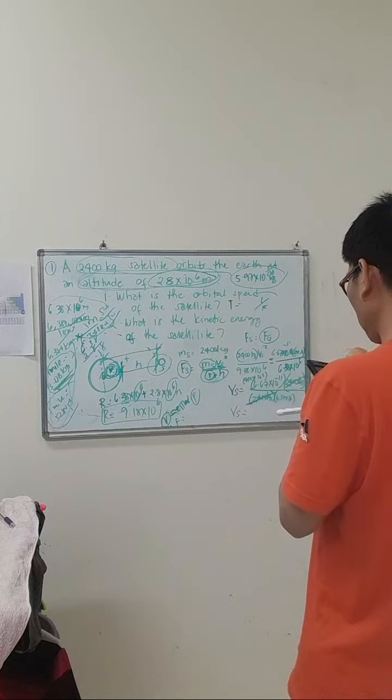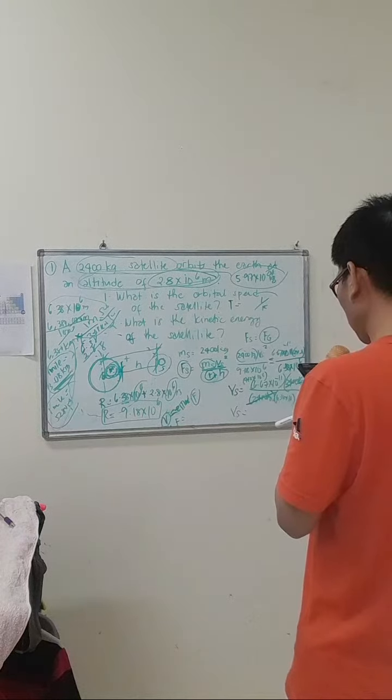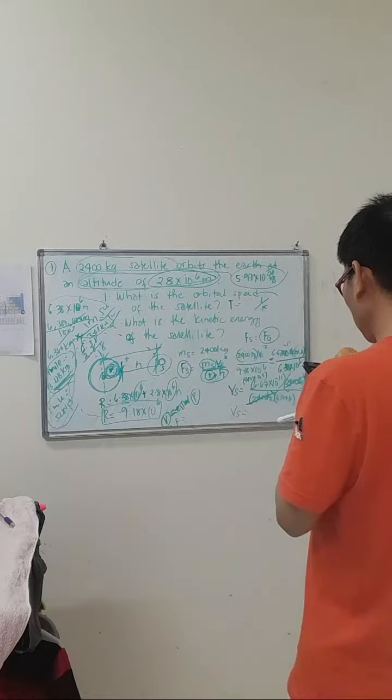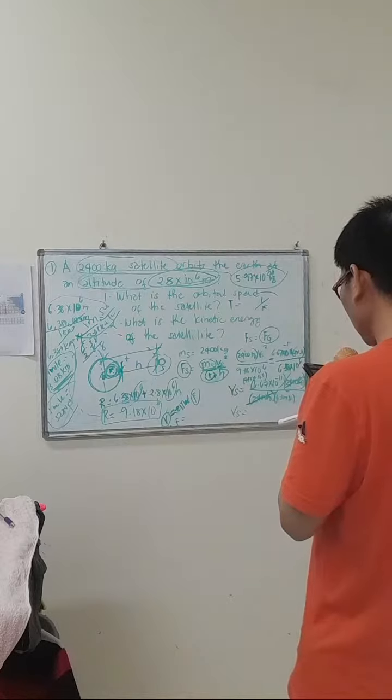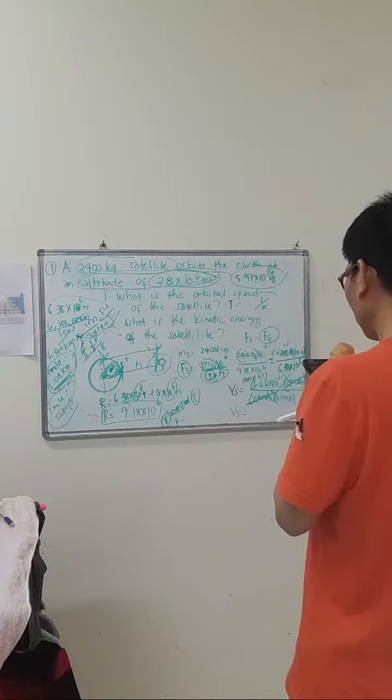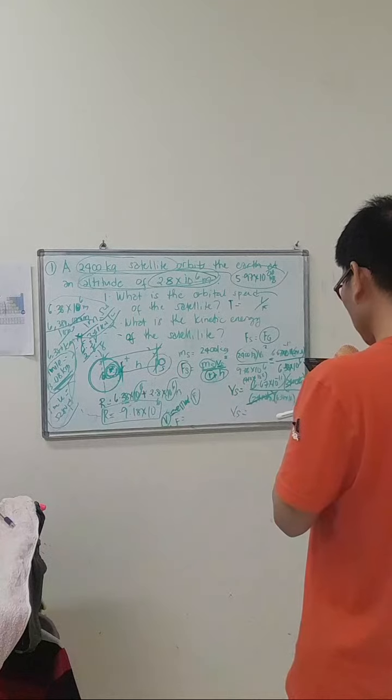Times 6.67 exponent to the negative 11 times 5.97 exponent to the 24, divided by 6.38 exponent to the 6.